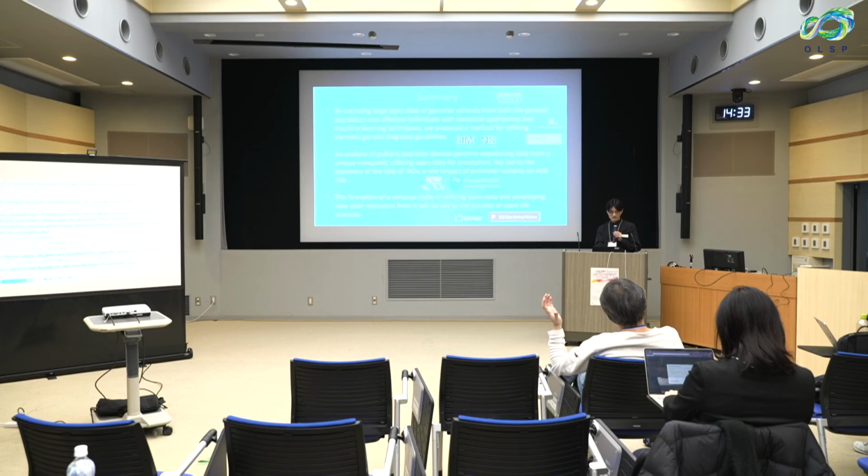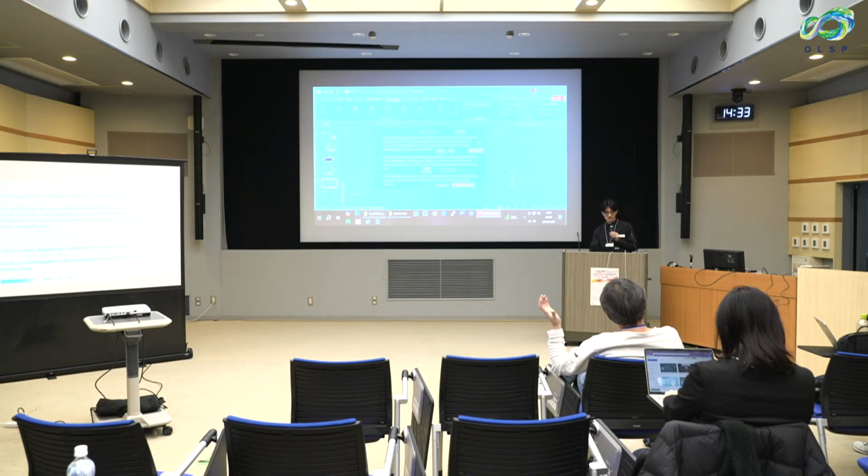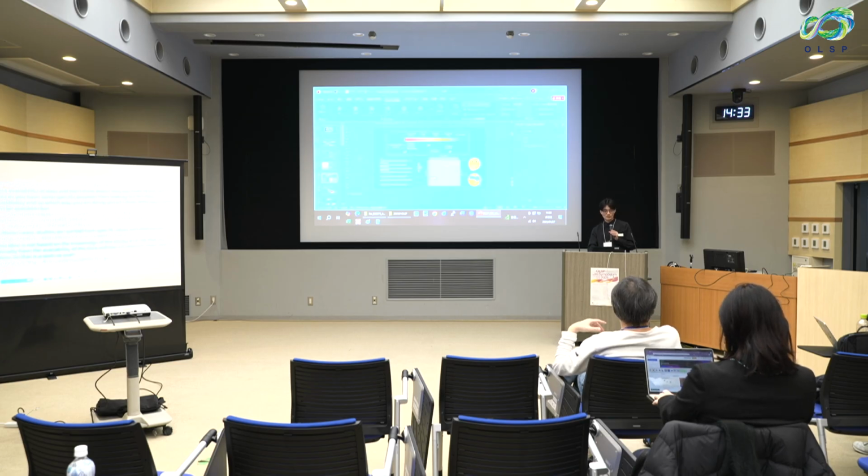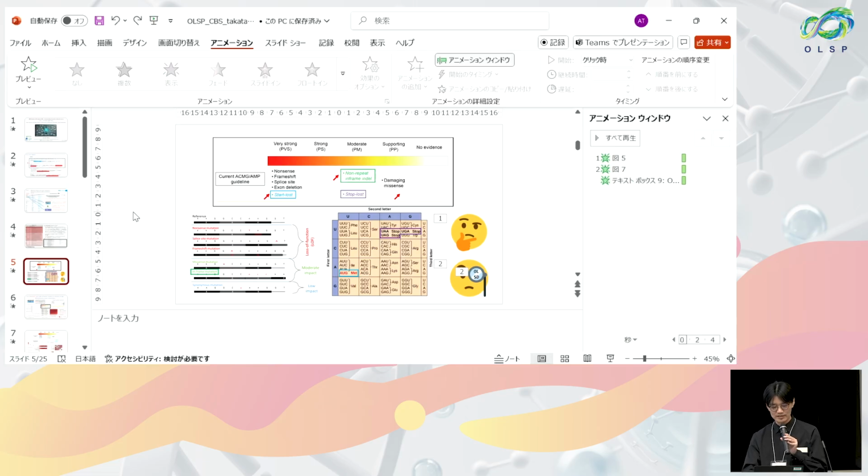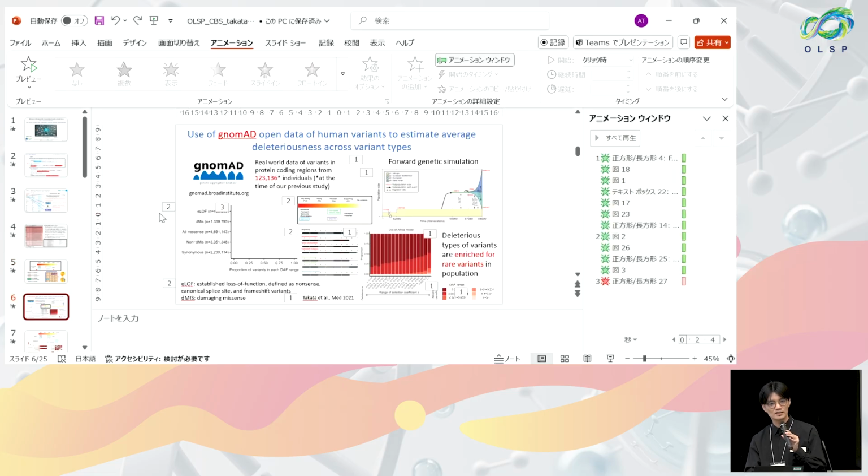So this study started from my general idea that start-loss variants may not be as damaging as other types of established loss-of-function variants. And we sought a way to statistically assess this, and we already knew about the gnomAD database, and we thought about the utilization of this dataset.